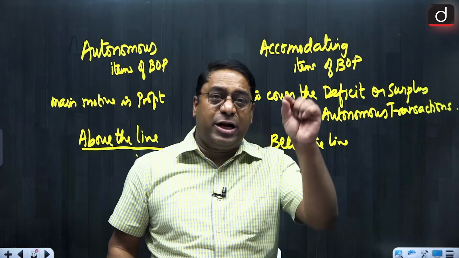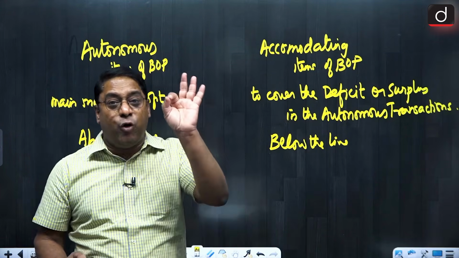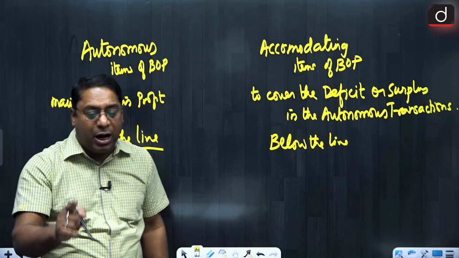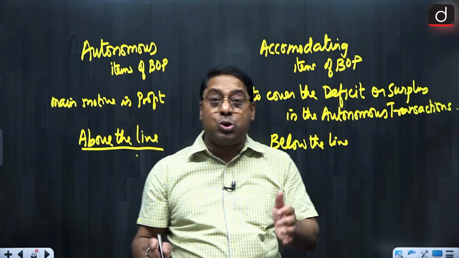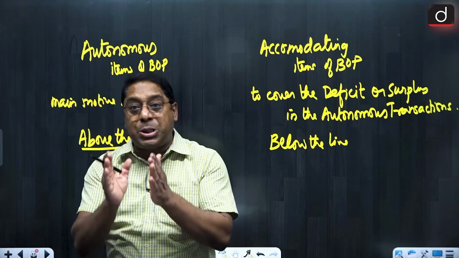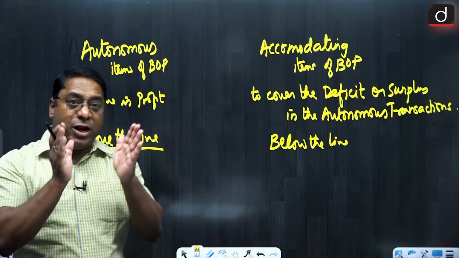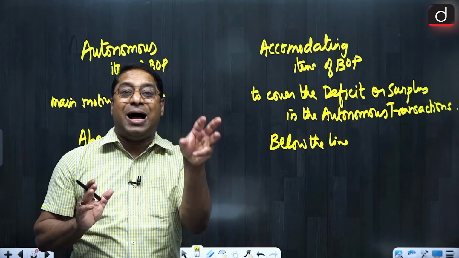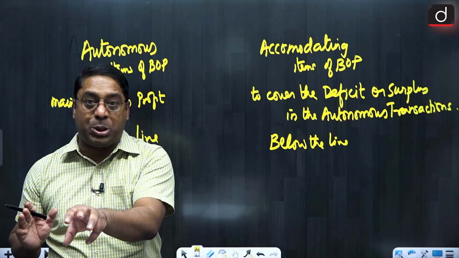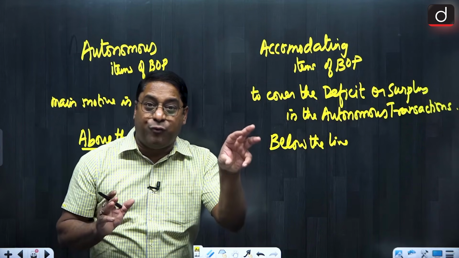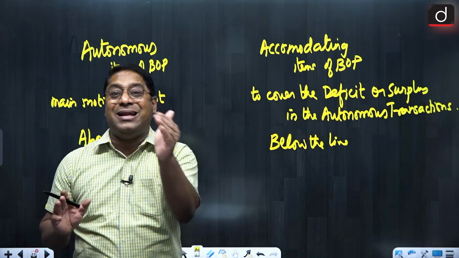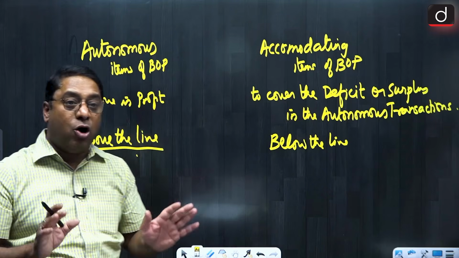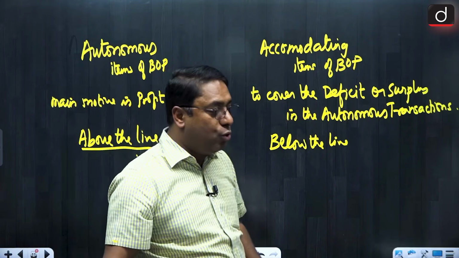In India, when it comes to the current account, there is full convertibility. Remember it. And when it comes to the capital account, there is partial convertibility. Why? Because the RBI has imposed restrictions. In the current account, post 1993, it has become fully convertible. Got it? So this is all you have to know.